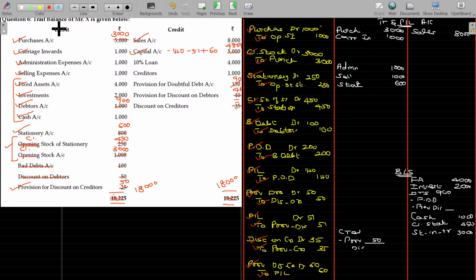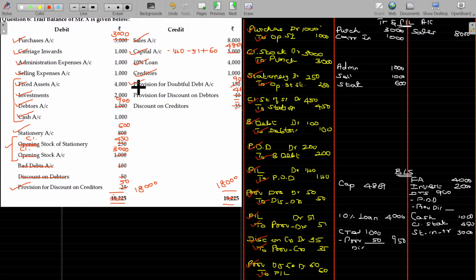And capital here, 4,869. 10% loan, creditors, both are liability. 10% loan, the value being 4,000. Creditors being 1,000, from there 50 rupees is subtracted, so 950 is the ultimate value.